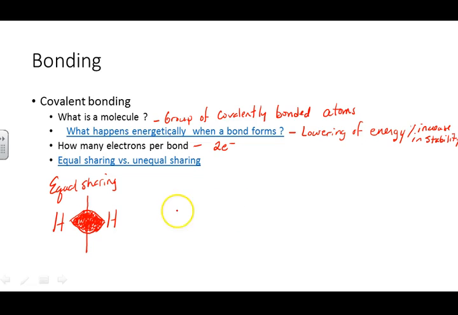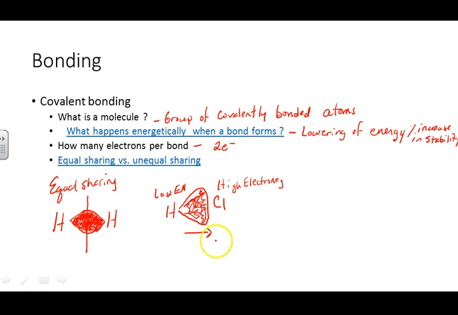And if we had something like hydrogen bound to chlorine, we would find that because chlorine has much higher electronegativity, this would be low electronegativity. Relatively speaking, hydrogen isn't necessarily low, it's just lower than chlorine. The electrons are shifted toward the more electronegative atom.